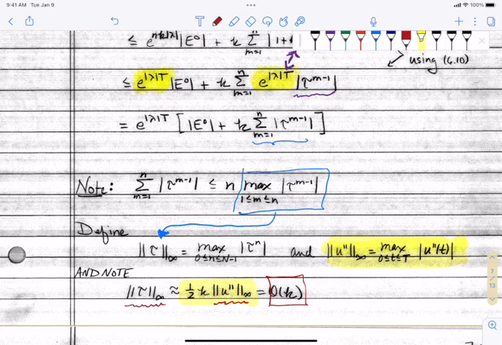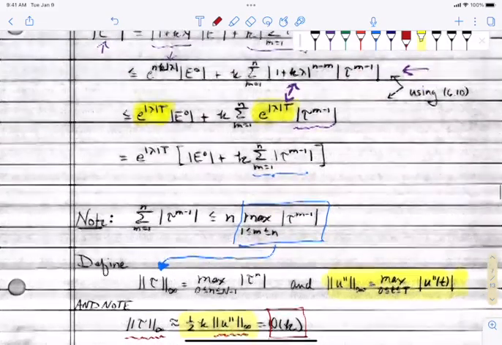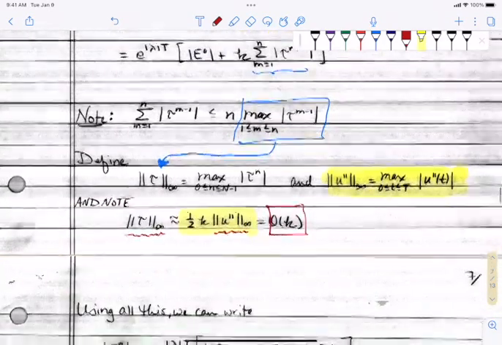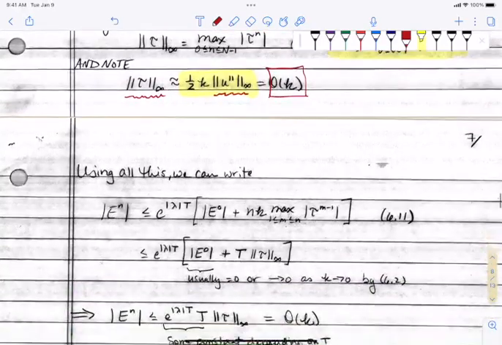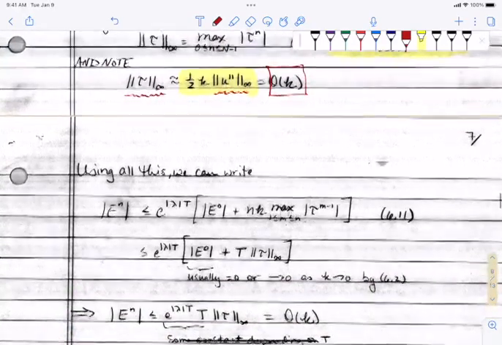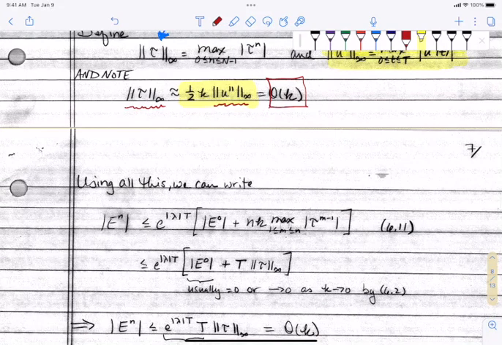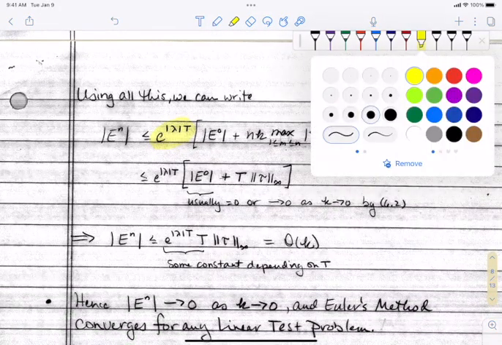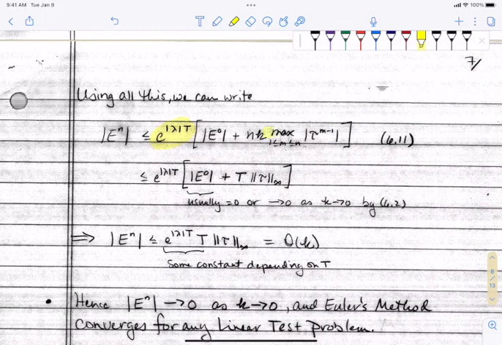All right, now that we've got all those definitions, we're ready to clean up what we see up here in terms of our absolute value of the global error at the nth time step. Let's put it together. Here's our e to the lambda times capital T. And now I'm going to simplify things down to that infinity norm idea there.